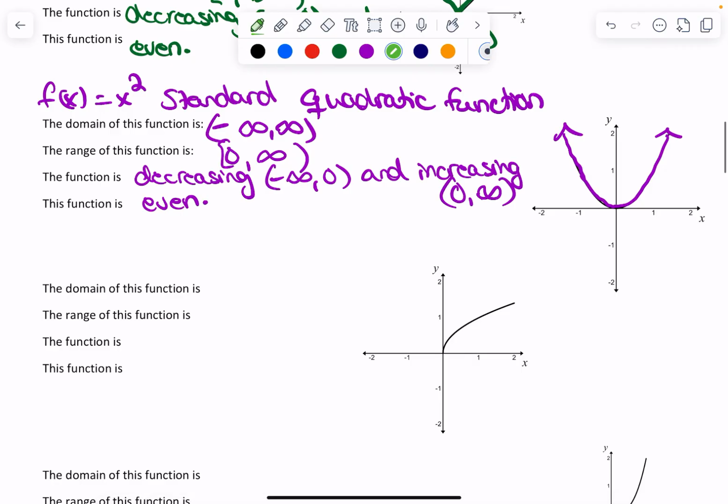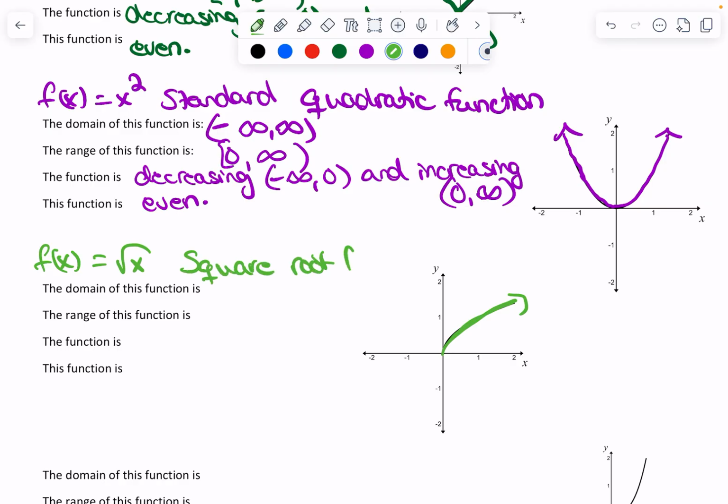Okay, next function looks like this right here, and that is a square root function. You can see that the x values start from 0, 0 is included, and it goes to positive infinity.